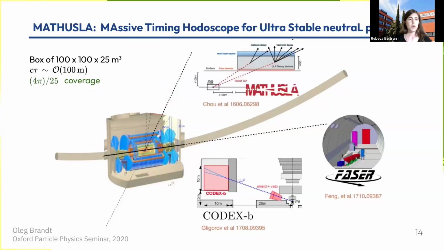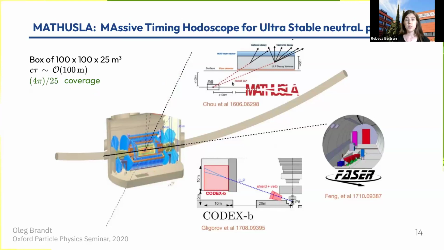Now, the next one is MATHUSLA. This proposed large volume detector would be situated on the surface above CMS and around 100 meters away from the interaction point.